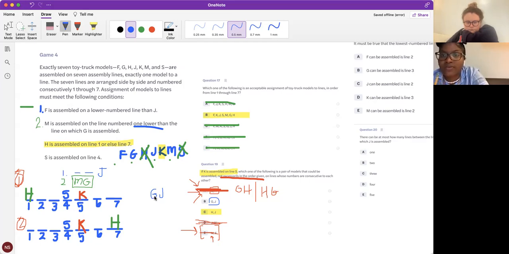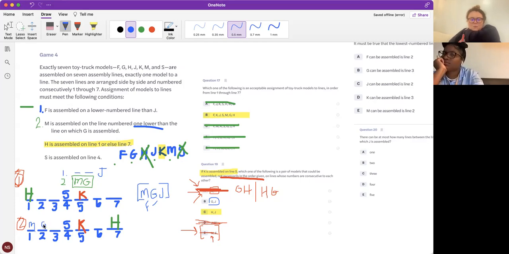Okay, so F is on a lower number than whatever J. So what do we know about G? That M and G has to go together. Yes. And so in world one, can M, G, and J all go anywhere? No. And then in world two, we're going to try to put it here.